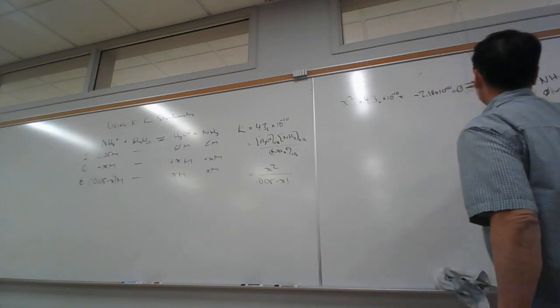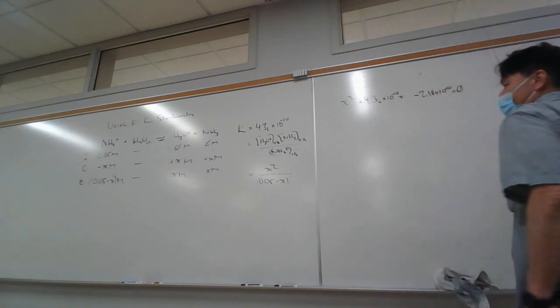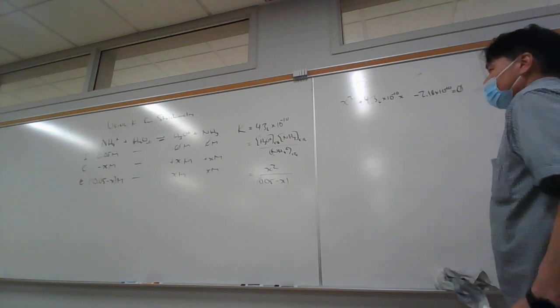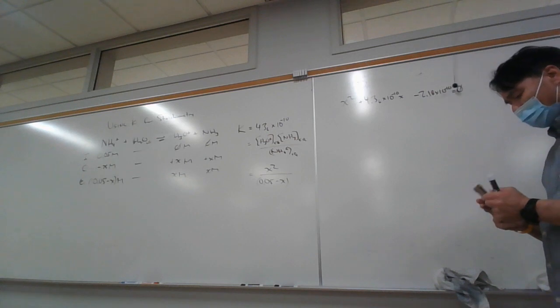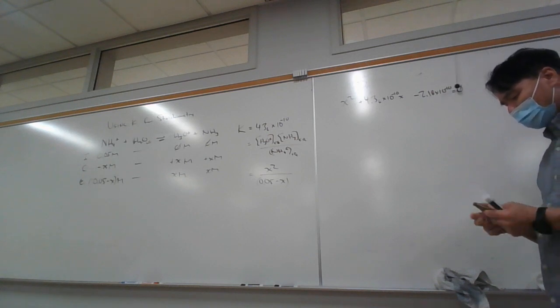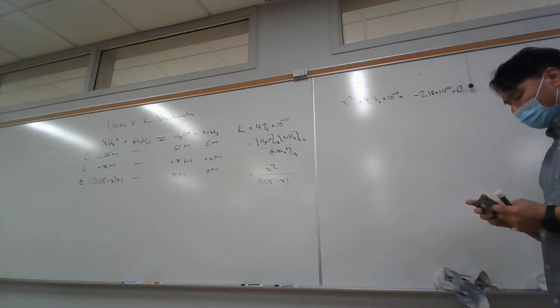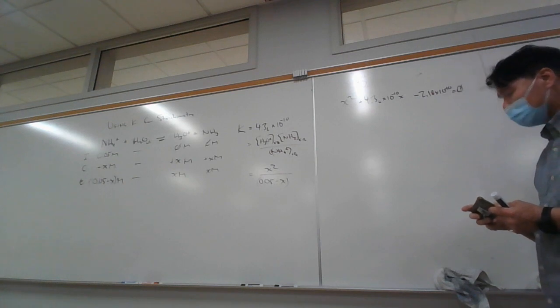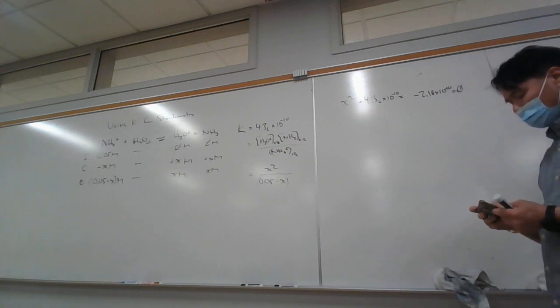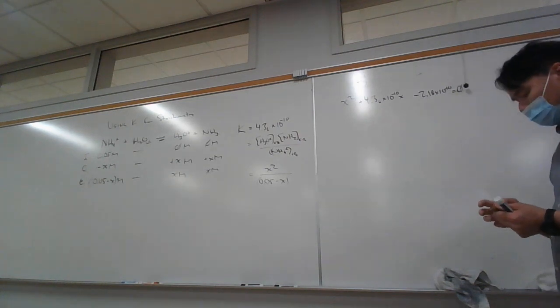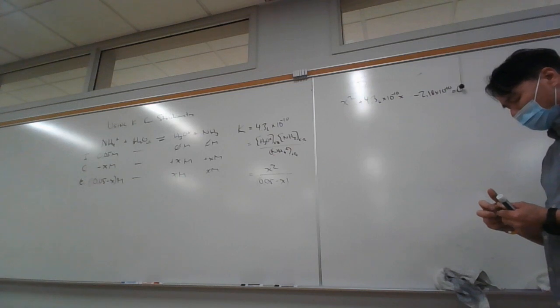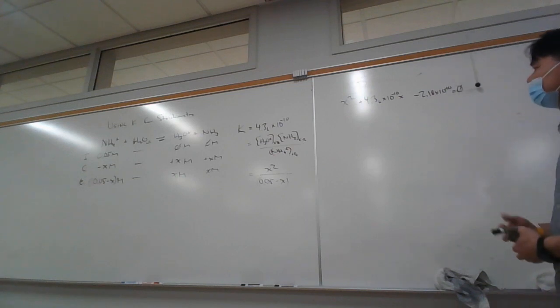Well, actually, I need to change that. It's 0.05. And so 4.36 times 10 to the minus 10 times 0.05 is 2.18 times 10 to the minus 11, sorry.